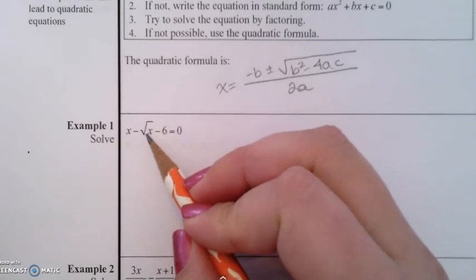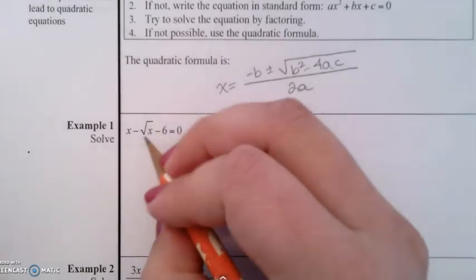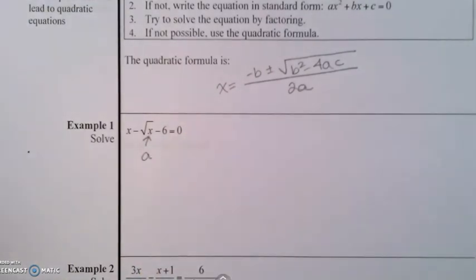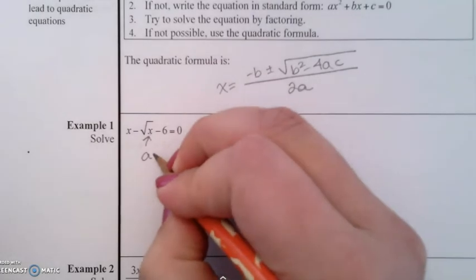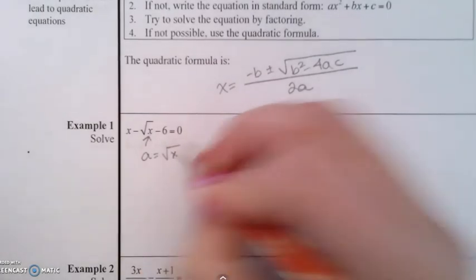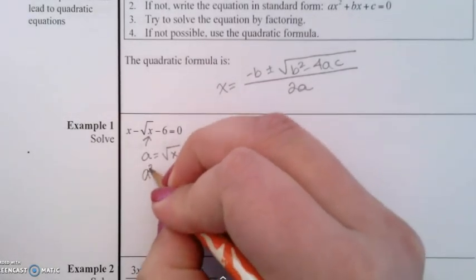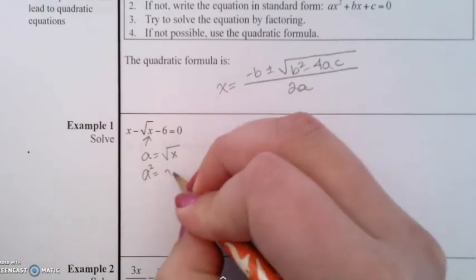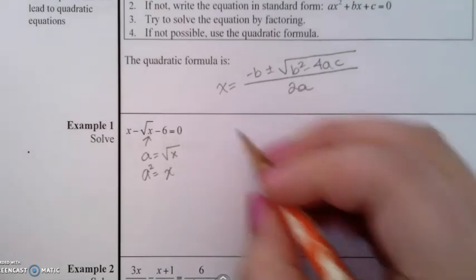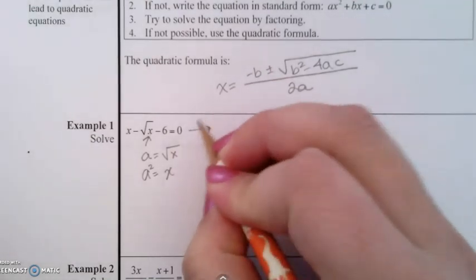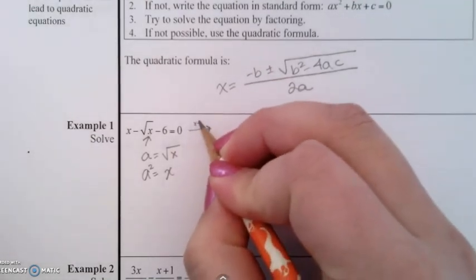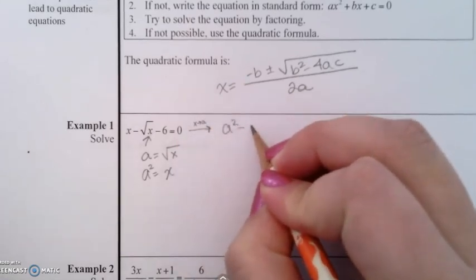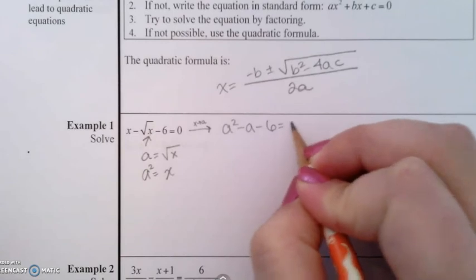However, since I want to use quadratic methods, we're going to say, what if this middle term was something else? Let's call it a. So if a is the square root of x, then a squared would be the square root of x squared, which is x. So by substitution, we're going to substitute from x to a, and this becomes a squared minus a minus 6 equals 0.